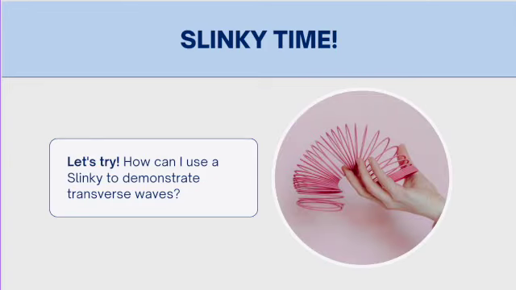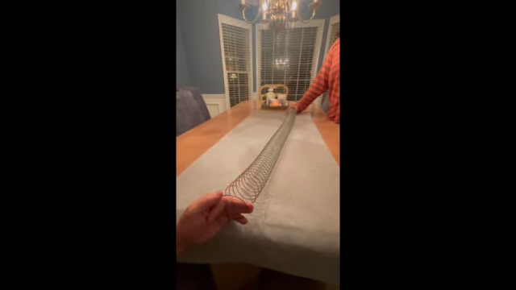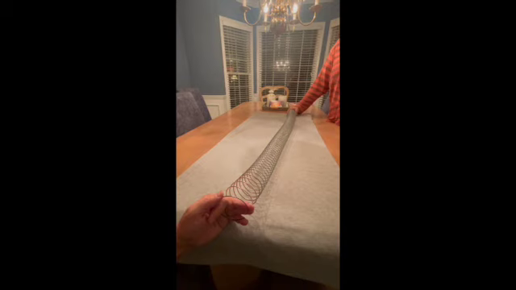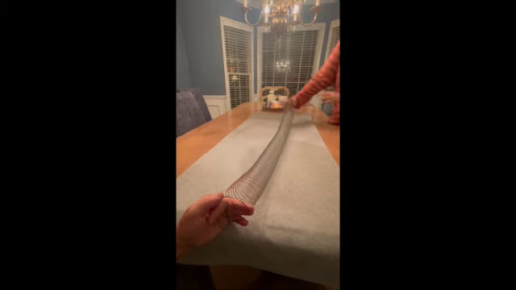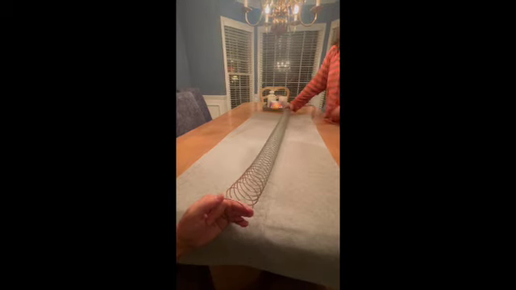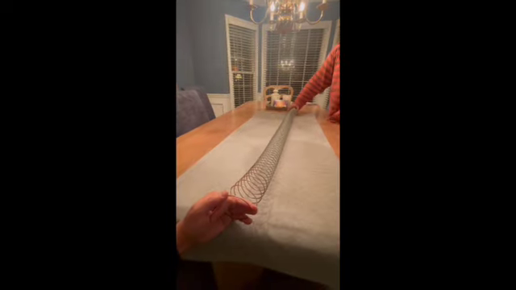Slinky time. Now it's time to demonstrate transverse waves with the use of a slinky. Let's get to it. Okay, with your partner, make sure one person is holding the end of the slinky and the other person stretches out all the way. To simulate a transverse wave, the person who stretches it is going to move their hand back and forth.